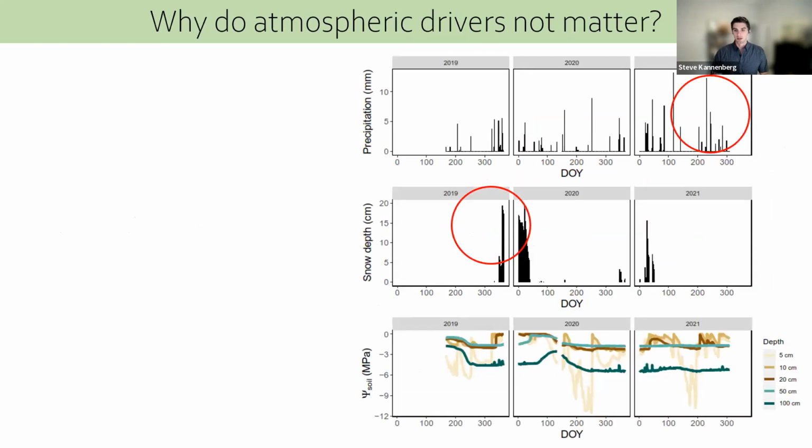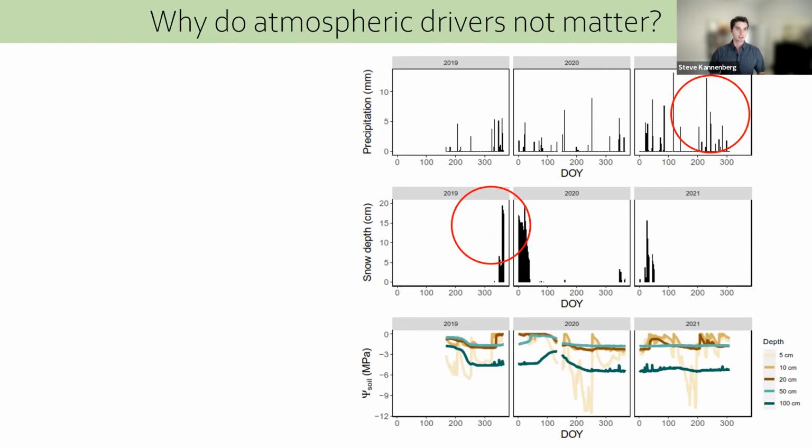So at first it was a bit puzzling as to why atmospheric drivers here really didn't matter. There's so much great work out there showing the proximal role of VPD in driving plant water potential and fluxes, and mechanistically it should be and probably is linked to carbon water dynamics. But think back to how the seasonal cycles of all of these meteorological drivers work at this site.